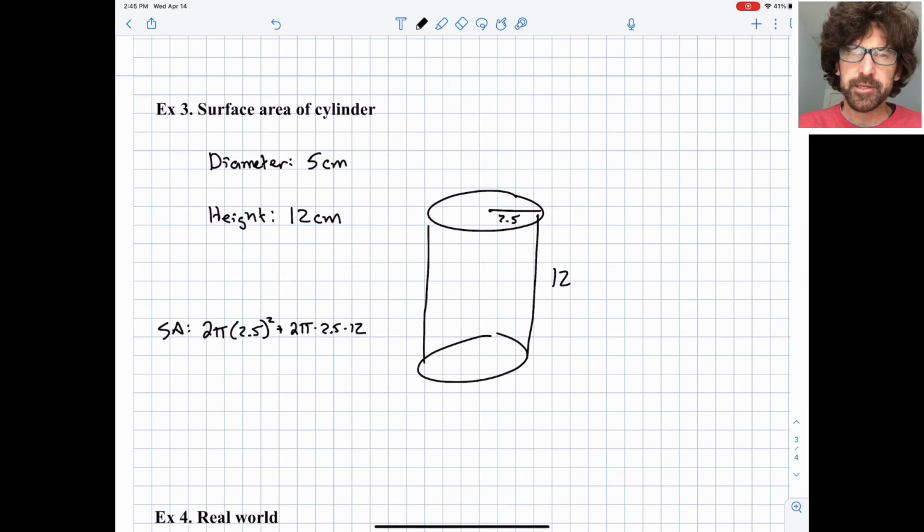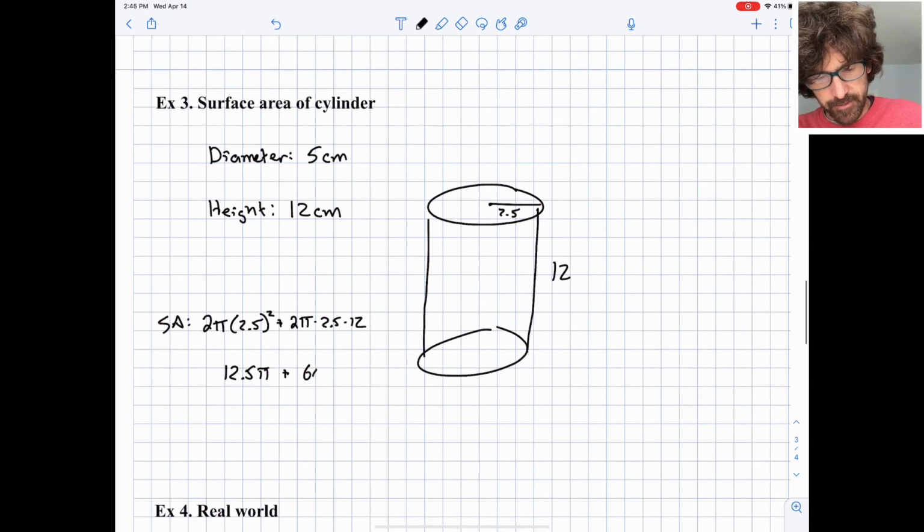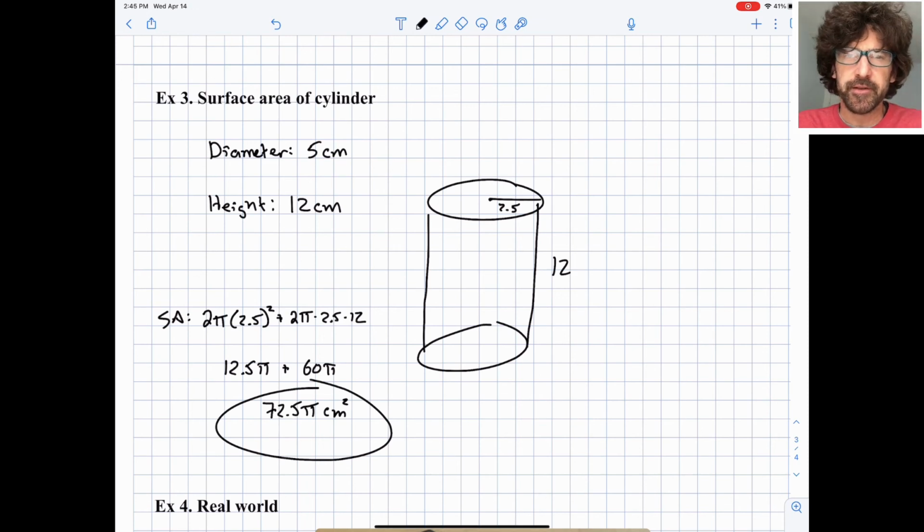I want to try to keep all this in terms of pi, so I'm not going to type in 3.14 or anything, but I'm going to simplify as best as I can right now. So this turns into 12.5 pi plus 60 pi, and I get 72.5 pi square centimeters total. So that's the total surface area of that cylinder.